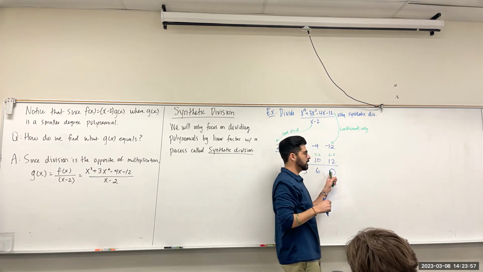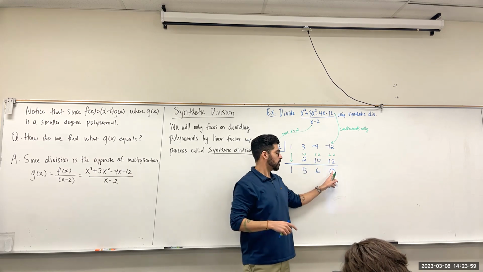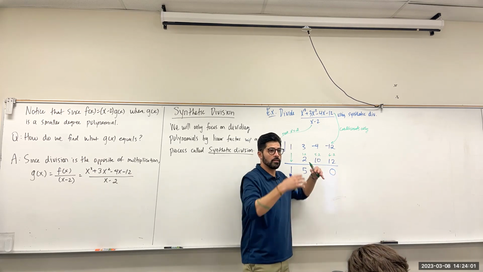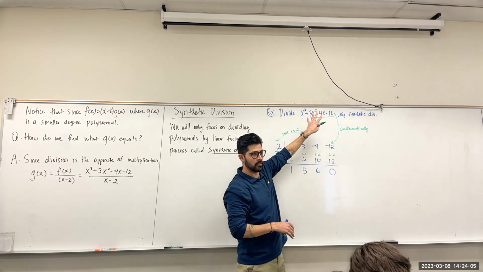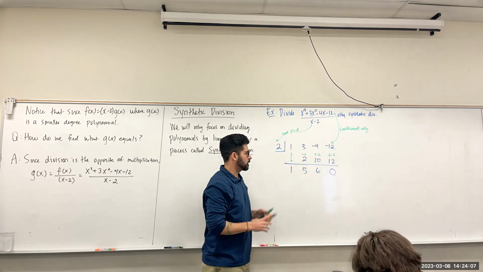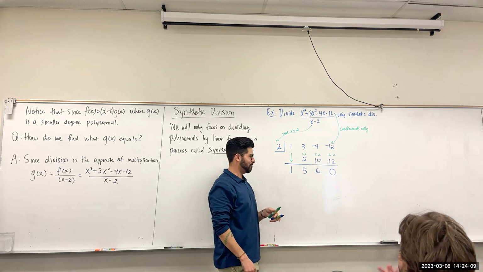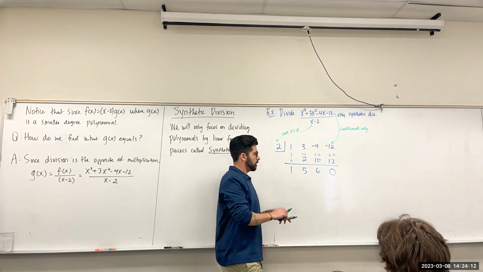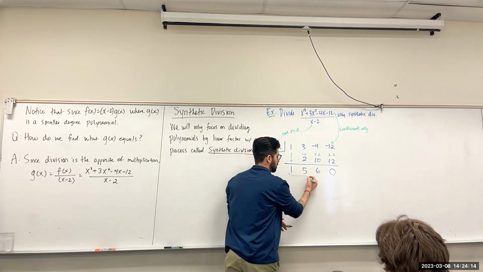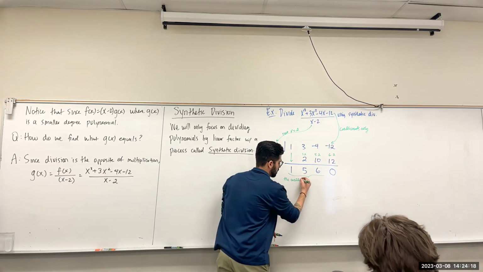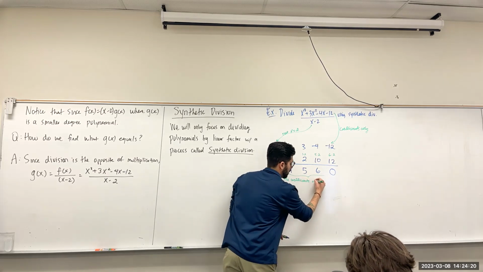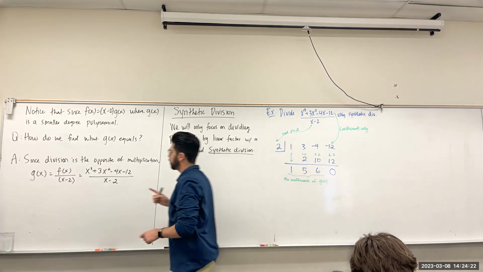Because in division this tells you that you have a remainder 0. So it divides evenly. Now, what does this tell you? This tells you that these are the coefficients of g of x, this guy that you were looking for.